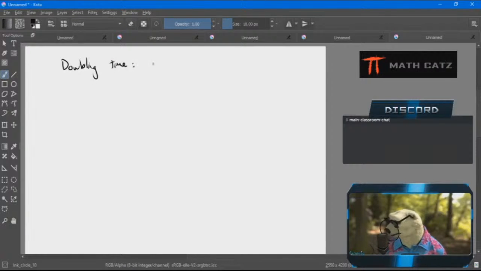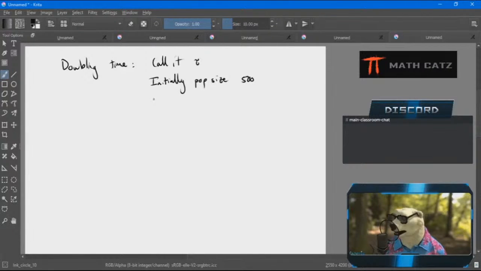That'll help me tomorrow as well. So let's call it tau. So what it's going to be is the time it takes for the population to double. So initially, we have the population size, let's say here, 500.